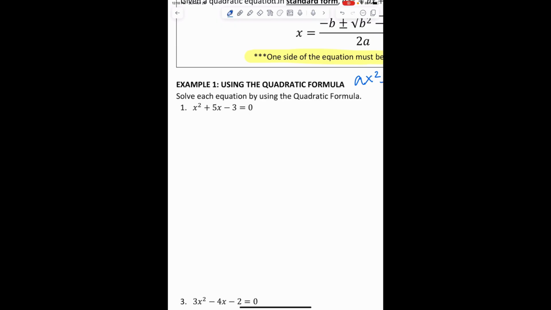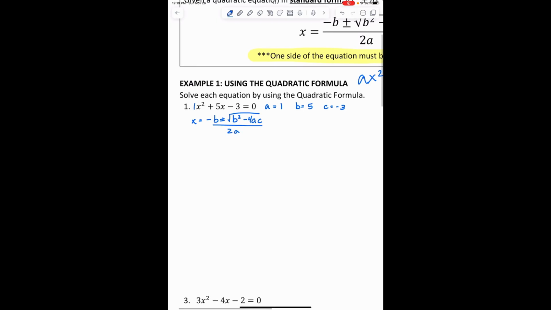First thing, one side is 0, so that part's done. Then we identify a, b, and c. So a is 1, b is 5, c is negative 3. Okay, so our quadratic formula, negative b plus or minus the square root of b squared minus 4ac all over 2 times a.